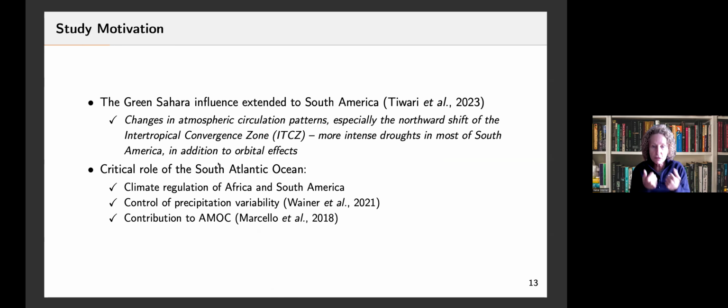So it controls precipitation variability, and it has a contribution to the Atlantic meridional overturning circulation. This is also another really interesting aspect of how different timescales of very important processes interact with each other.